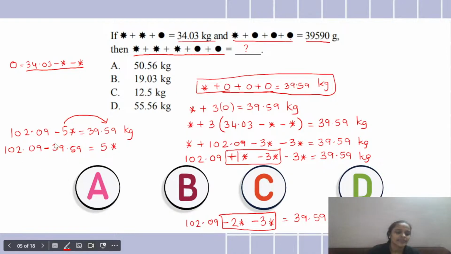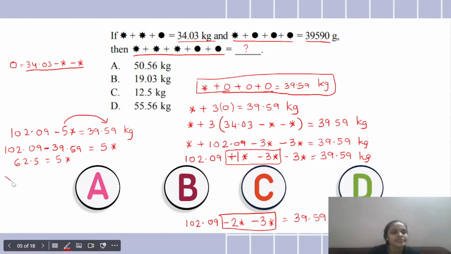Okay, now when I subtract this, I get 62.5 equals 5 star.